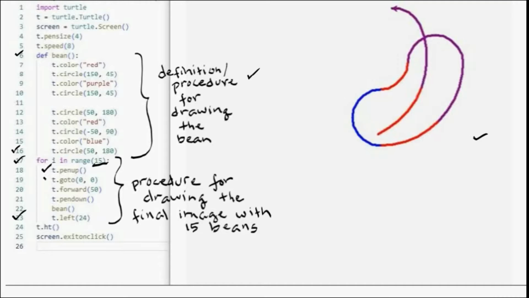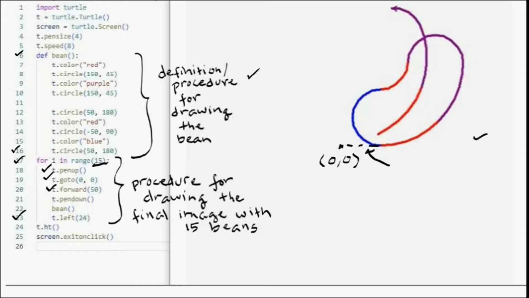And then I go to 0, 0. The 0, 0 is somewhere here on the right side of the screen. Okay. So this is 0, 0. And then next step, I move the turtle forward the 50 units. So this is 50 units.